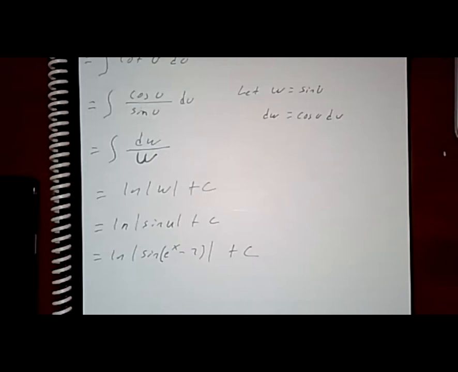Let me see. For that chapter, all you really need is an integral formula chart.